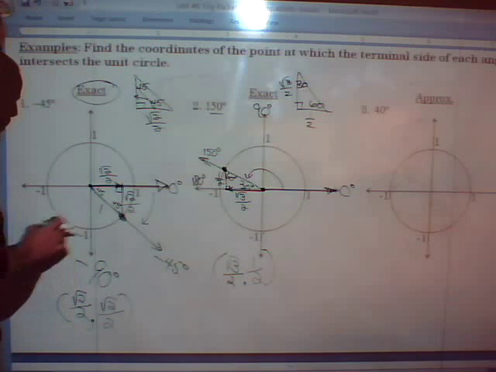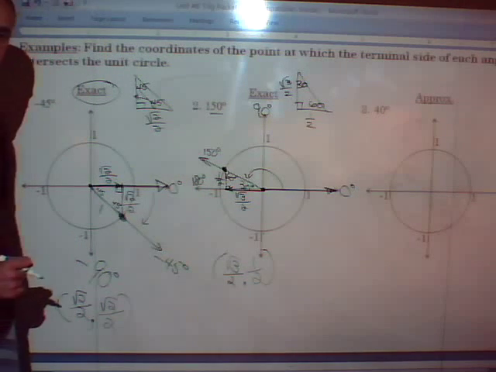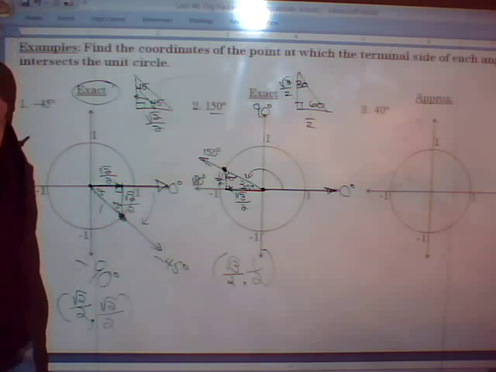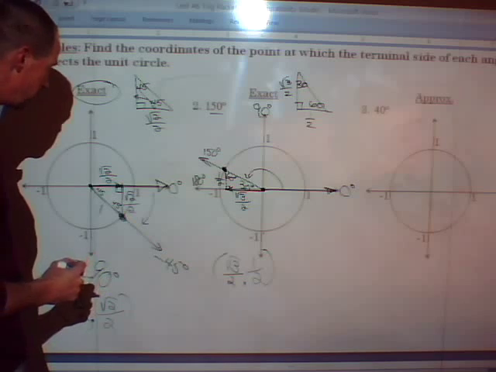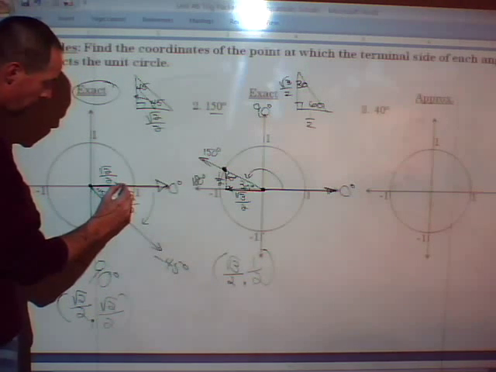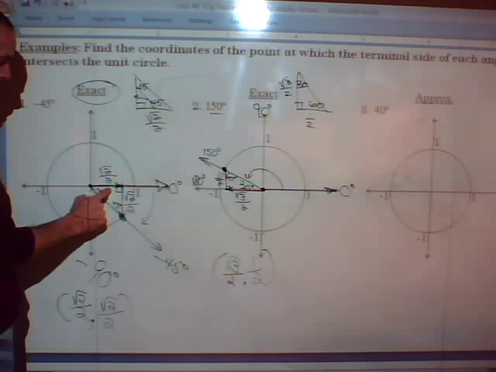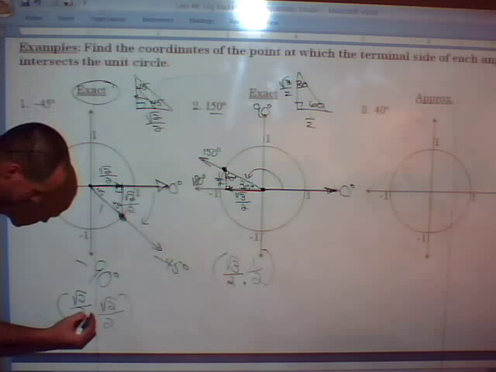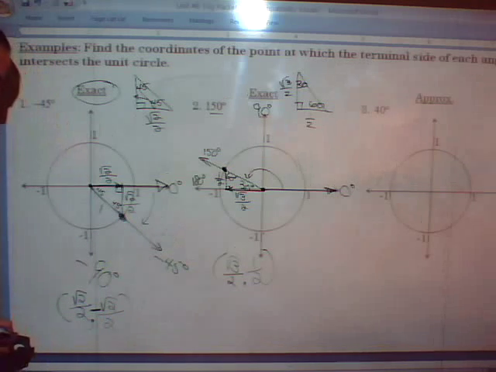Now, on both of these here, I made a slight mistake. These are the values, but I did not account for positive or negative values. So on this one, number 1, when you move across, this is positive x, but when you go down, this is negative y. Okay?